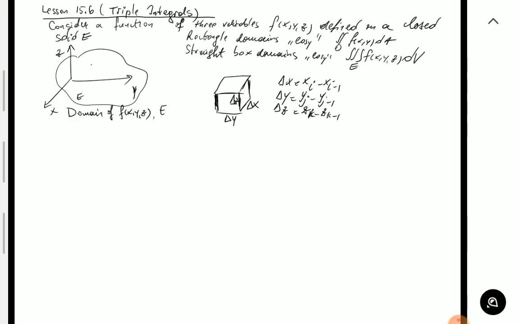I have to use three different indices, i, j, k, because obviously you have all combinations possible of these segments to make these little boxes. So imagine that this domain is filled with these boxes. For example, a typical one in the interior of the domain will look kind of like this.